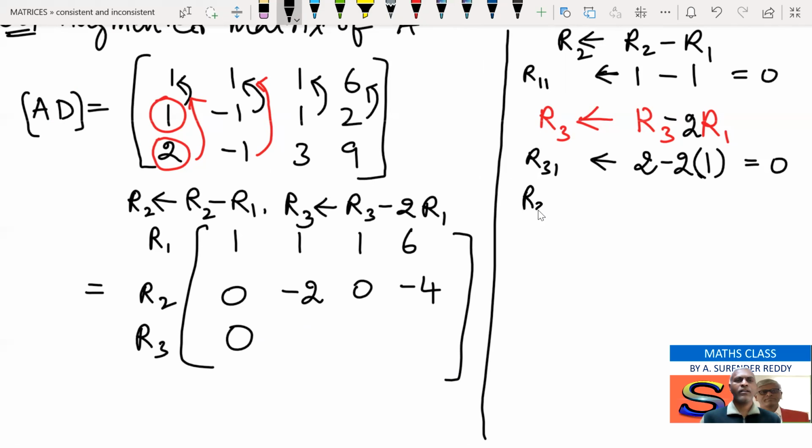This is R3's second number. The formula is R3 minus 2 R1. R3 value is minus 1, minus 2 R1, what is R1? 1. So 2 into 1, 2. Minus 1 minus 2 is minus 3. The second number is minus 3.